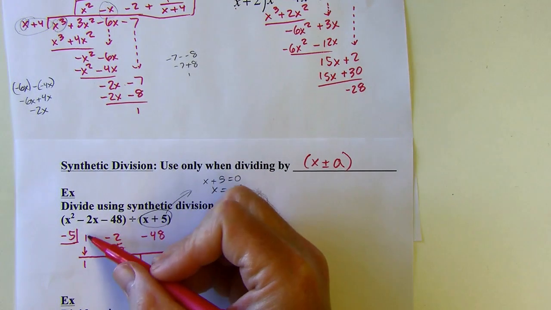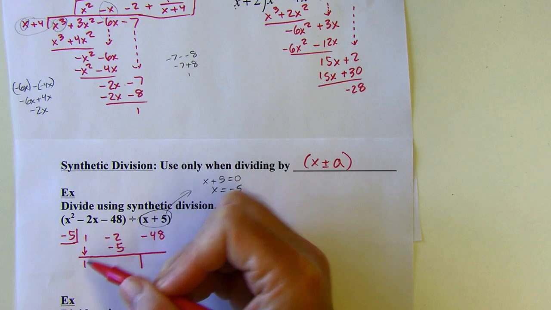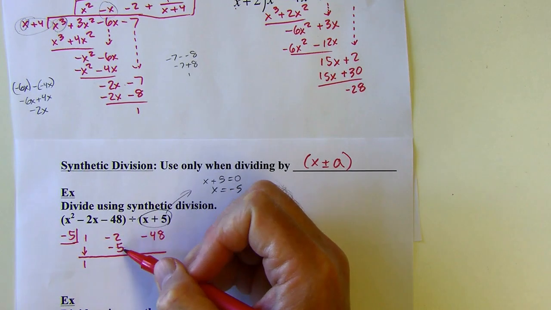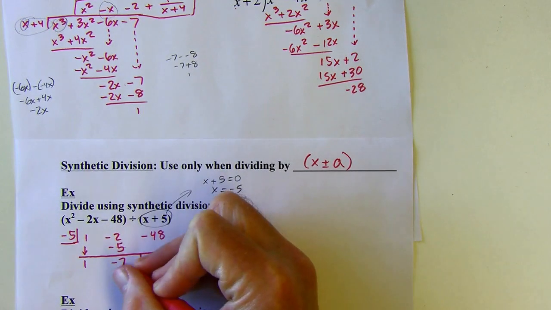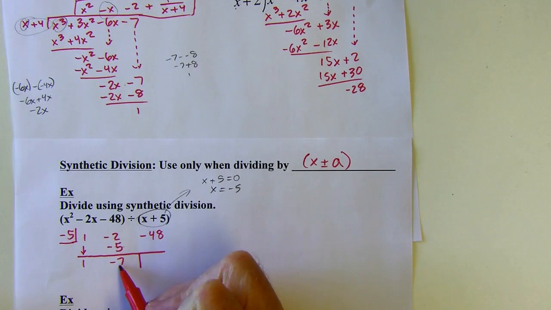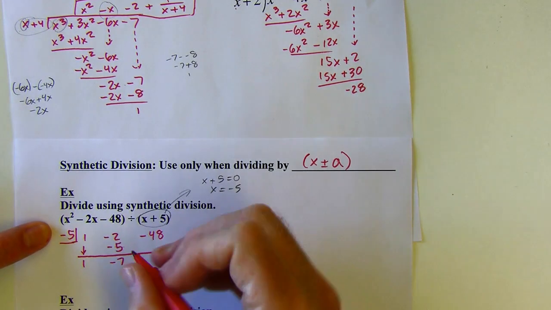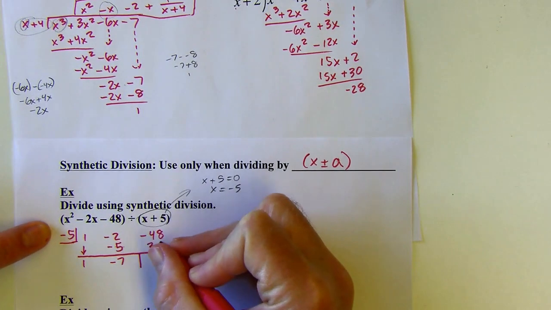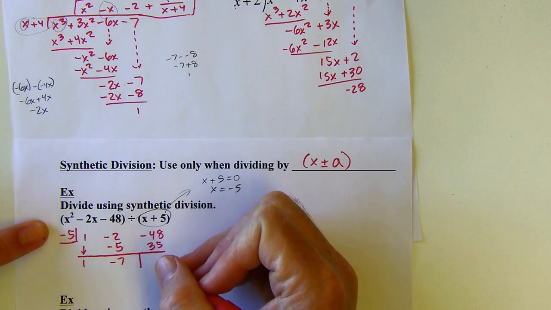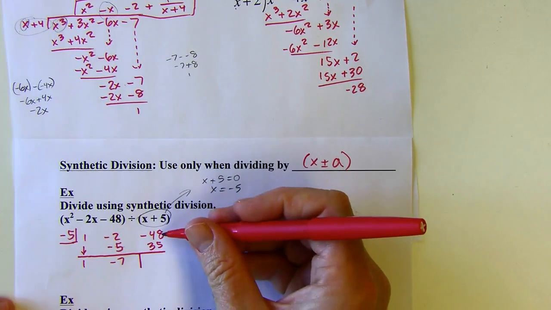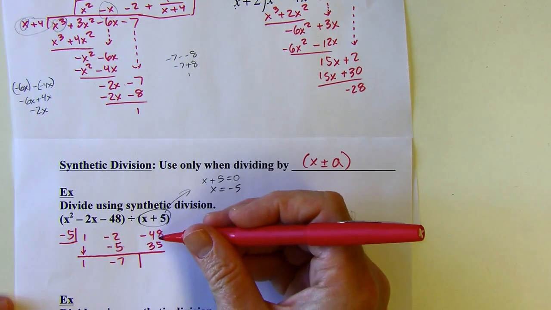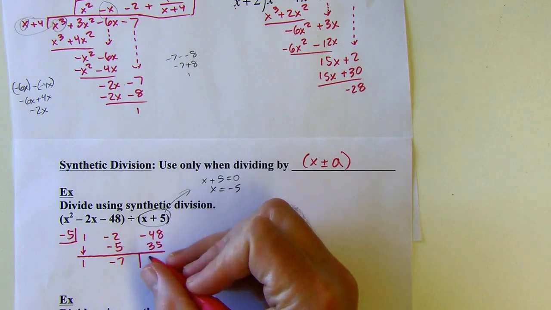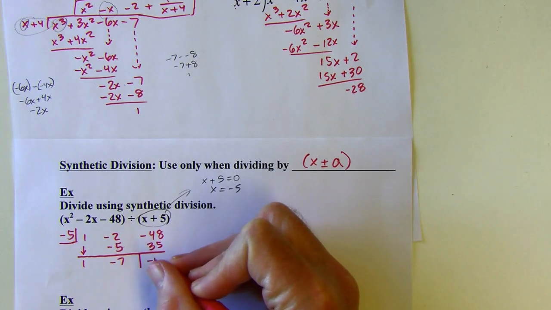I was really adding 1 and nothing here, so that's why I got 1. If I add negative 2 and negative 5, I get negative 7. Okay, now I've got a number down here, and I'm going to multiply that by negative 5. That gives me 35. Okay? And then I'm going to add these together. So negative 48 plus 35 is going to give me negative 13. Okay?